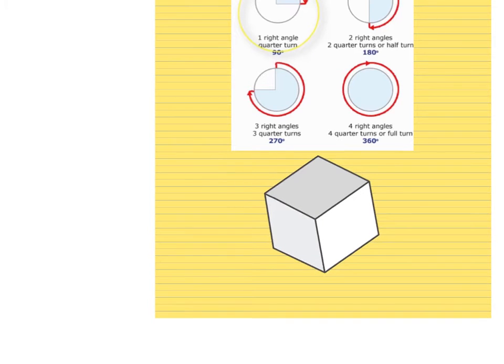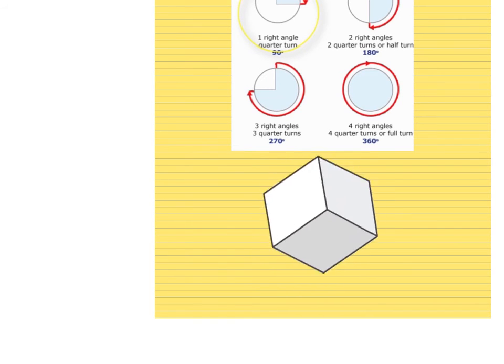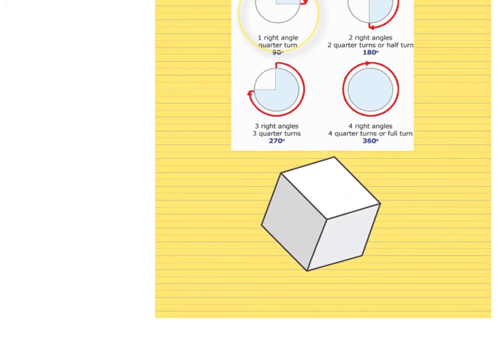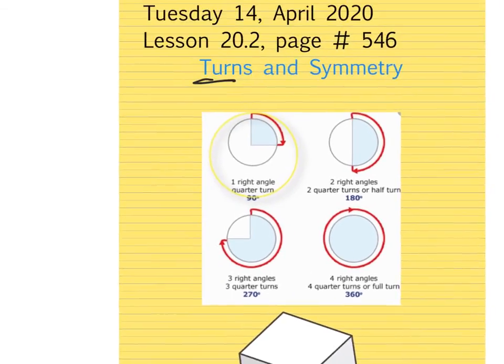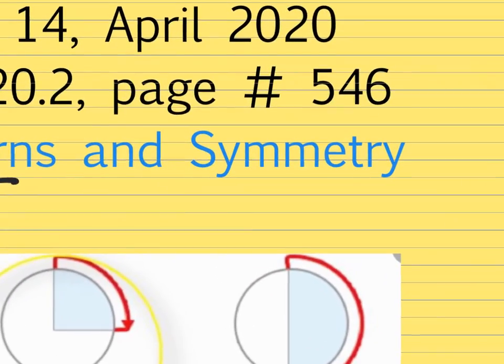Now, it can be to the right, or it can be to the left, right? That's basically your decision, or based on the exercise that you're working with. So basically that's turns.